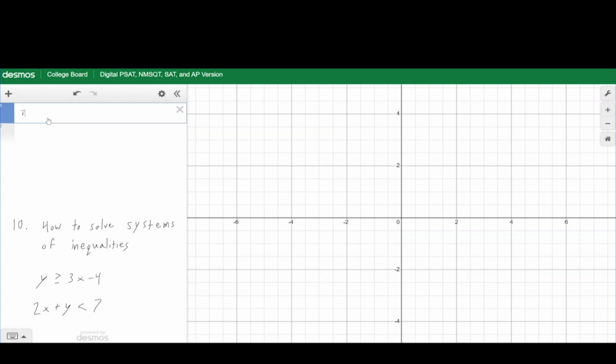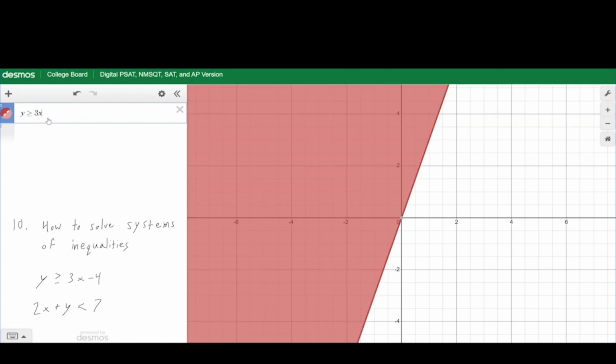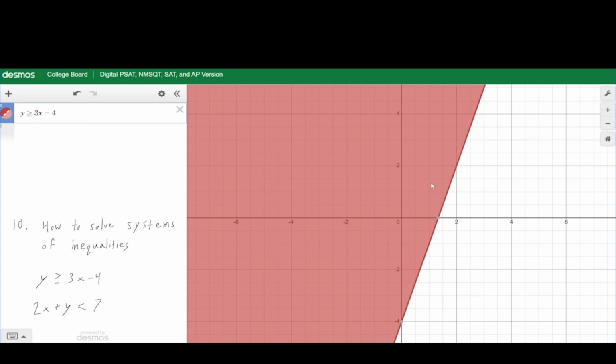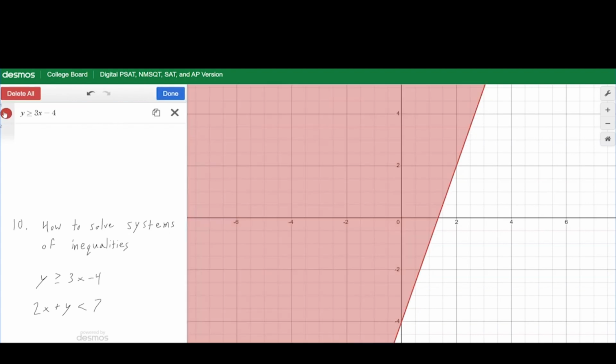The first one, y is greater than or equal to 3x minus 4, and immediately we get this shaded region here. If you don't like the color, by the way, which sometimes shows up black or something that's hard to read, you can change the color by going to the gear, clicking the color, and choosing any color you want.